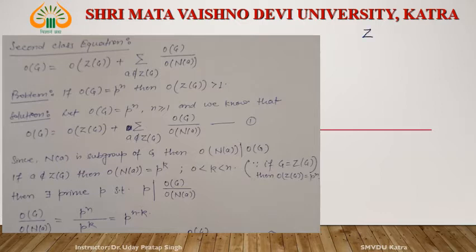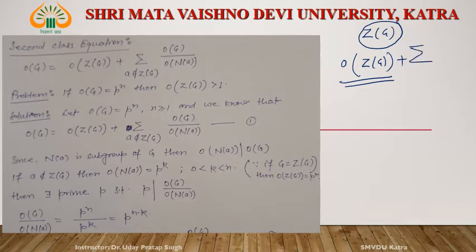collect all the elements of ZG, and take the order of ZG, plus the summation of the order of G by the order of NA, only for those elements which are not in ZG.